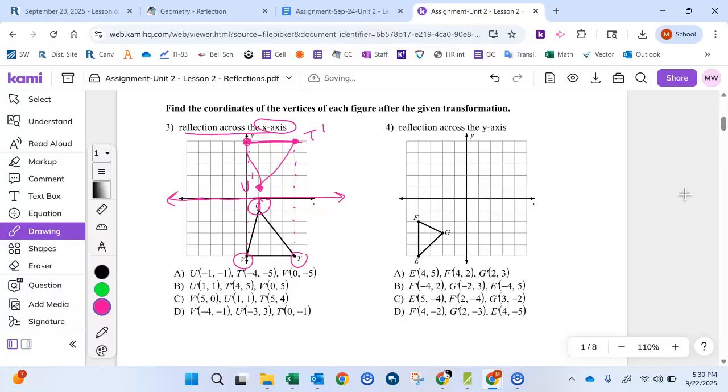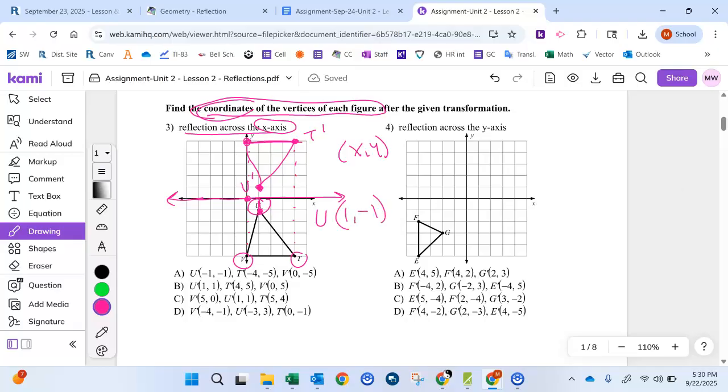But it's asking us for the coordinates of the vertices of each figure. So the coordinates are going to be x, y. Let's take U. Here's the origin, so U is 1 over and 1 down, which is (1, -1).